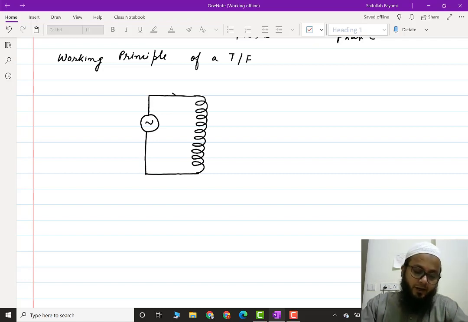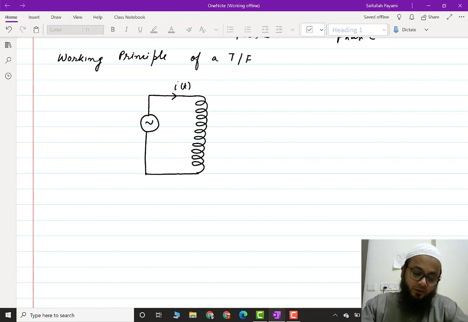Okay, so the current which is coming into it is also a sinusoidal one. So I'm energizing this winding by a voltage source which is sinusoidal in nature. So obviously the current which will pass through this coil or this winding would also be sinusoidal in nature.